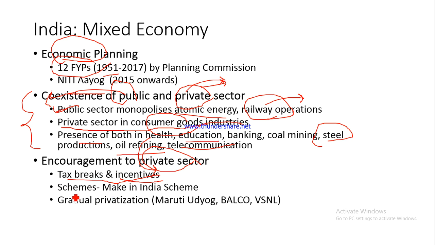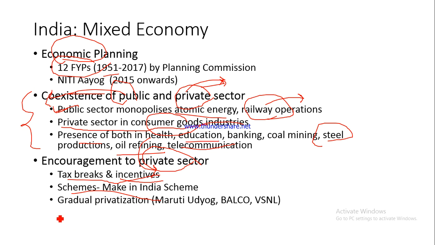Then we have got the Make in India scheme, where the government is encouraging not only the Indian manufacturers to keep manufacturing here, but also the foreign manufacturers, foreign companies to come to India and invest here and set up their own production plant here. So this is an example of how private sector is encouraged here in India.